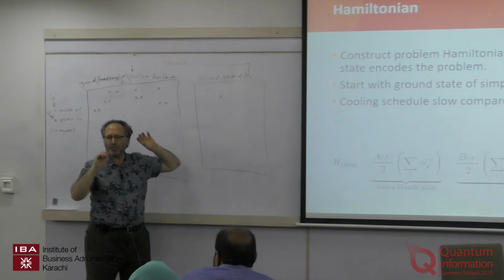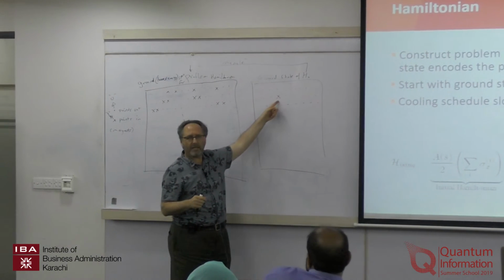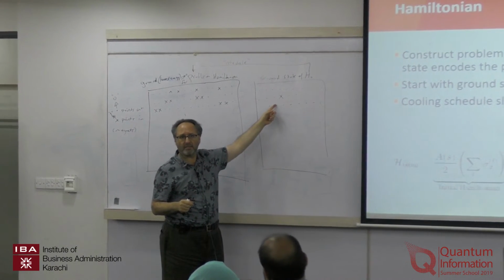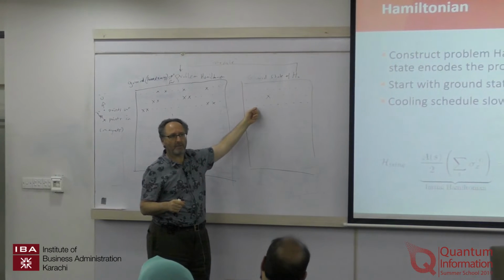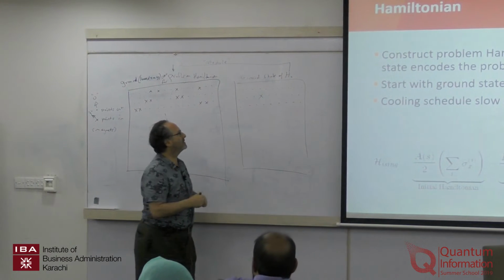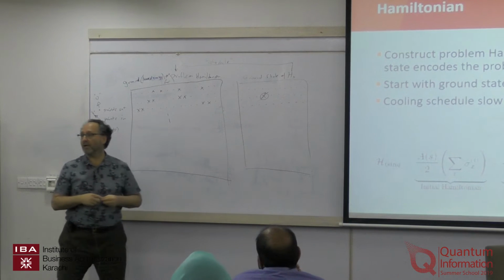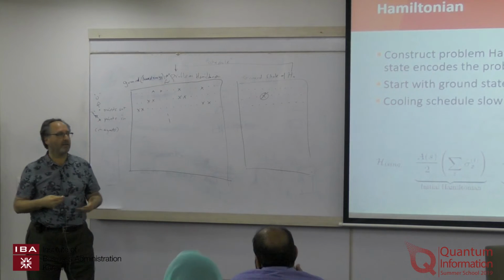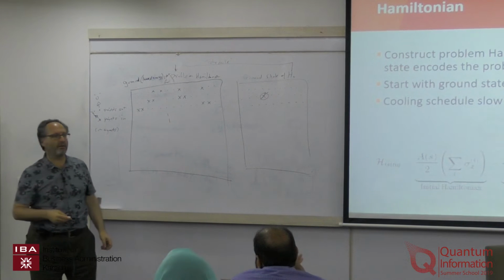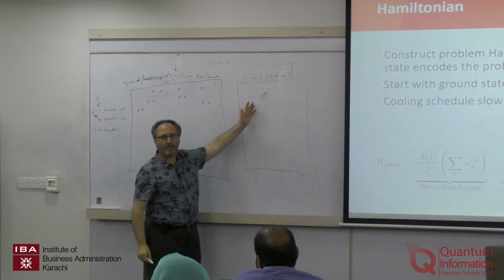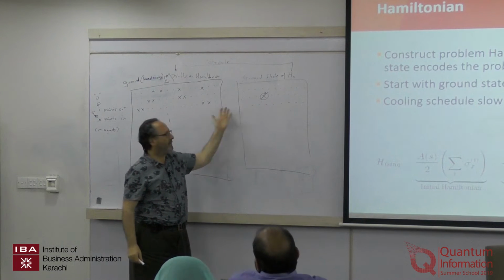As I'm changing my system, I can accidentally cause an excitation, and then it's not in the ground state. So the concept is that this is forbidden if it's slow enough. And that's built into the Adiabatic Theorem, that if we evolve slowly enough, then there's a ground state.